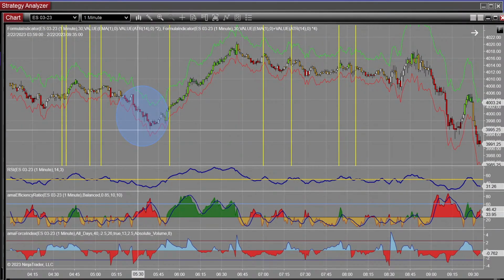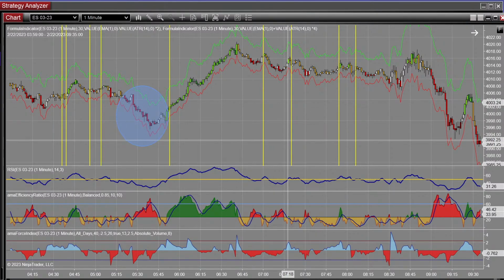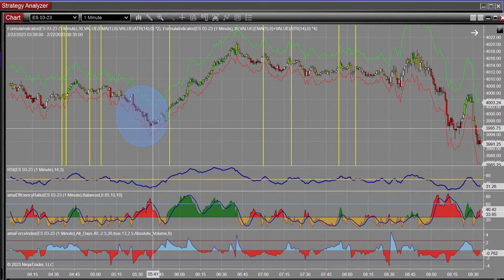Okay, zoom in here. I mean, we've got a new high, like a 4 or 5 bar high, right before our cycles. A new 5-bar high.